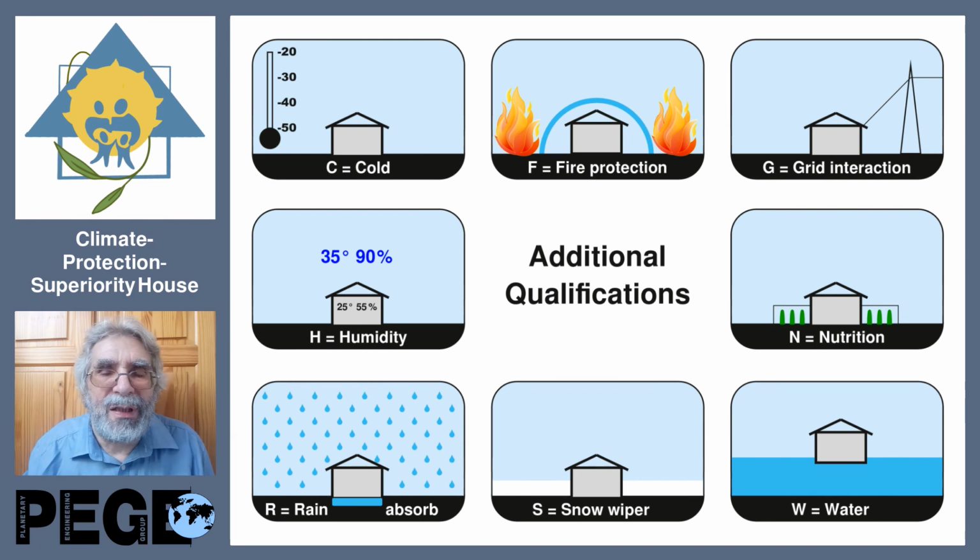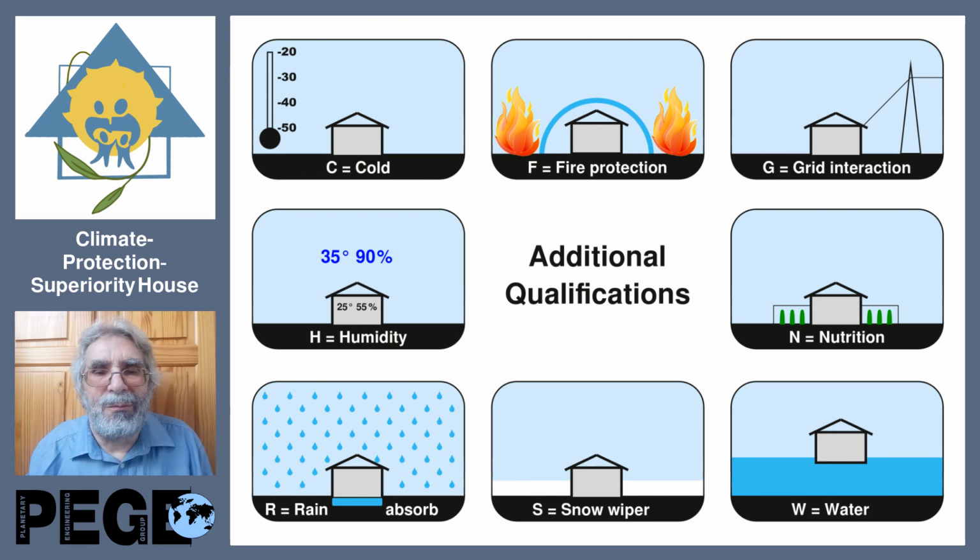Then there is a qualification for grid interaction, for demand-based grid feed-in, for best possible interaction with the grid. Then for very high humidity and warm humidity areas, we need extra qualification humidity.